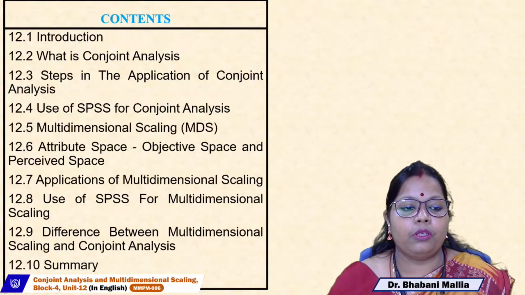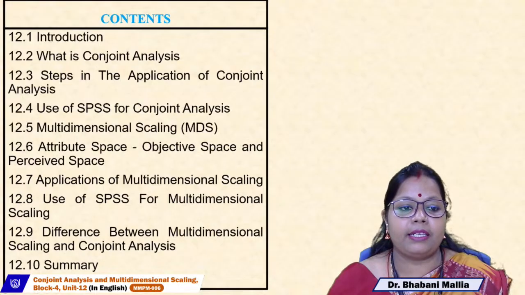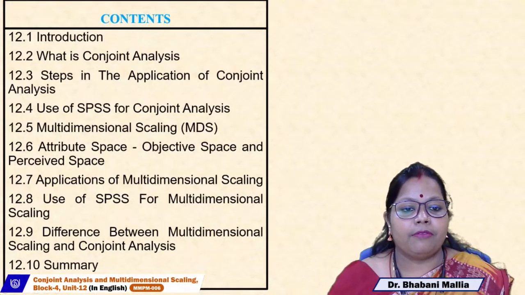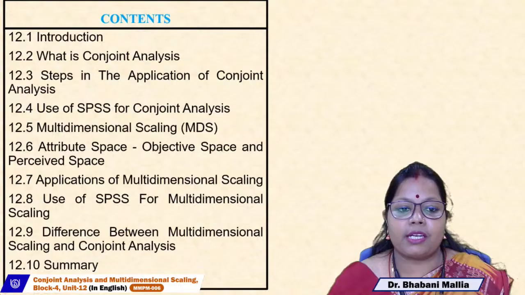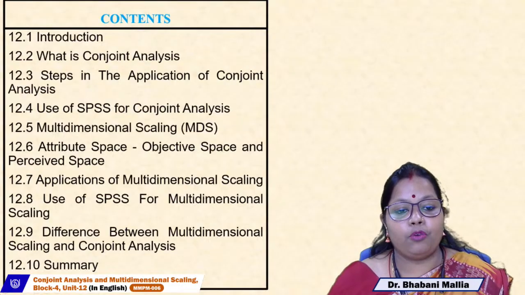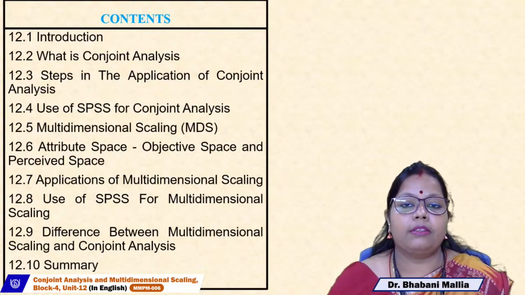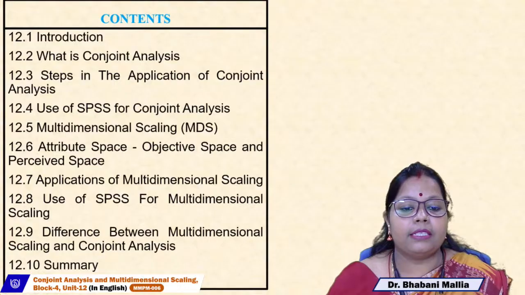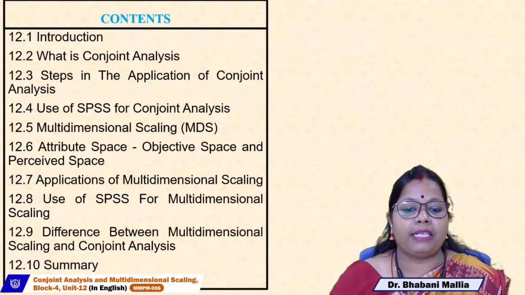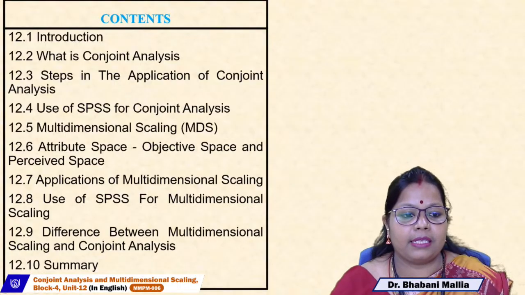Then we go to attribute space, where we discuss objective space and perceived space under multidimensional scaling. Then the application of multidimensional scaling, and the use of SPSS for multidimensional scaling.